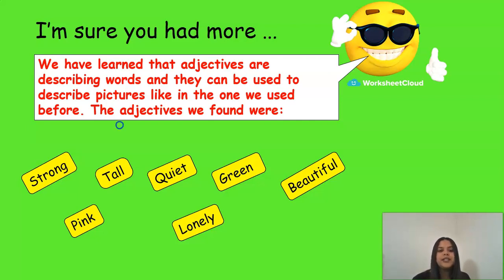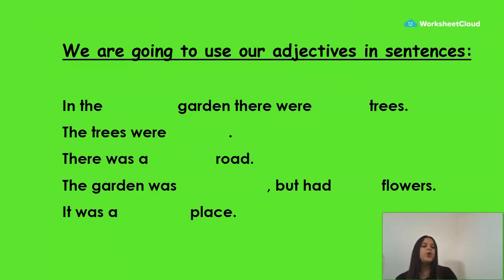We are going to move on to the next lesson now. We are going to use our adjectives in sentences. In the beginning of the lesson, I said to you that one of the outcomes is that I would like you to be able to use an adjective in a sentence. Up until now, we looked at the picture and we described it.